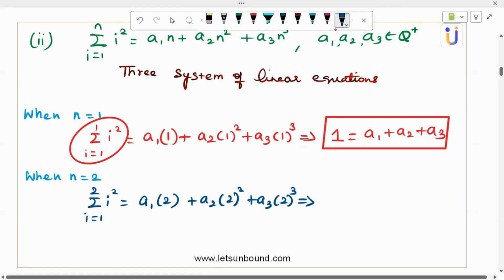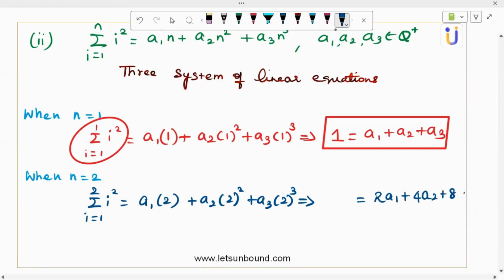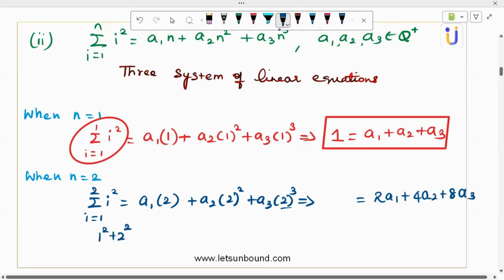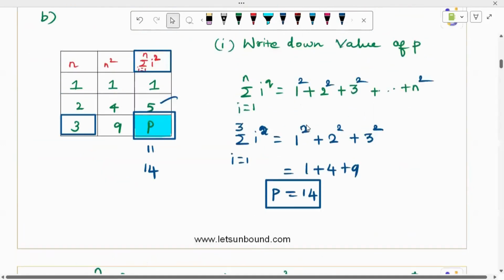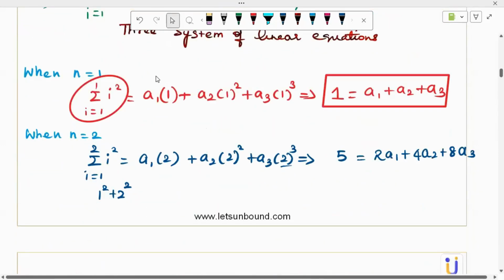And this will fetch us, right side, 2a1 plus 4a2 plus 8a3. So just simplify the numericals. And what is sigma i equals 1 to 2 i square? You can do like this: 1 square plus 2 square, which is 4 plus 1, 5. Otherwise, you can use the table values also for i square. So this is my second equation.